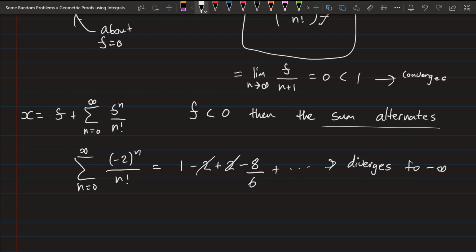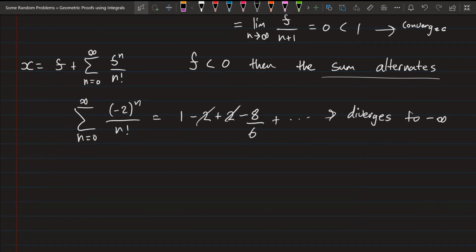So what that proves is for f that is less than 0, we cannot evaluate some values because it diverges. So how about f is greater than or equal to 0?